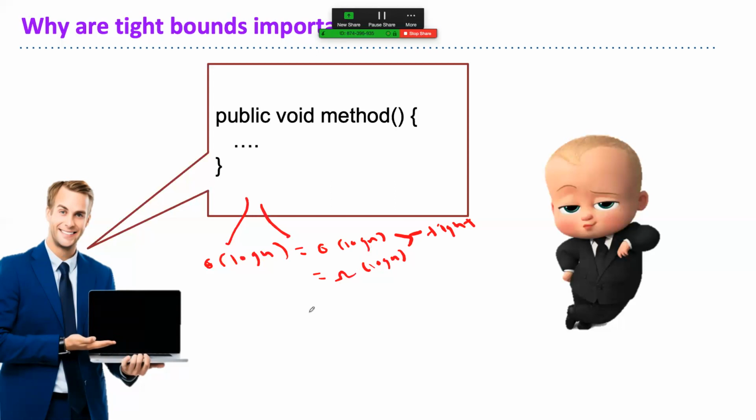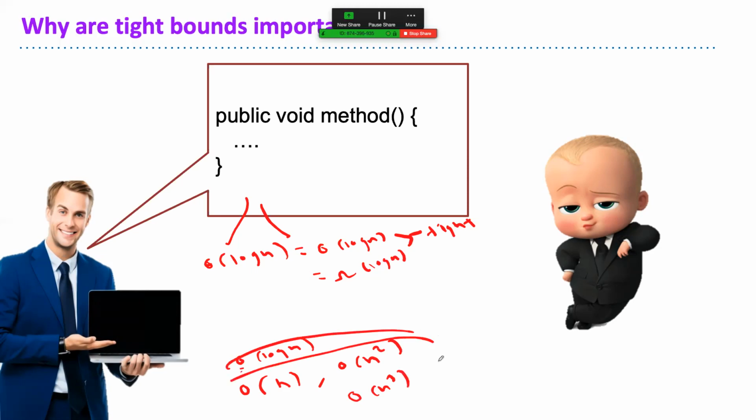The correct way of saying it is that the tight bound is theta of log n. But you could technically say, because I know my function is also O of log n, then it is technically true that I could also say it's O of n, or O of n squared, or O of n cubed, because these are all non-tight bounds.